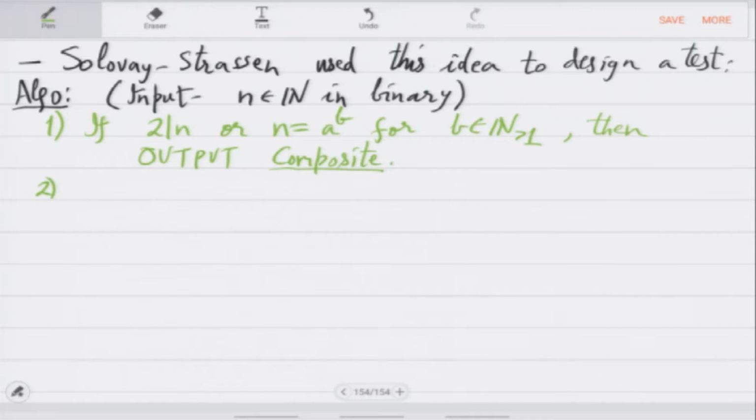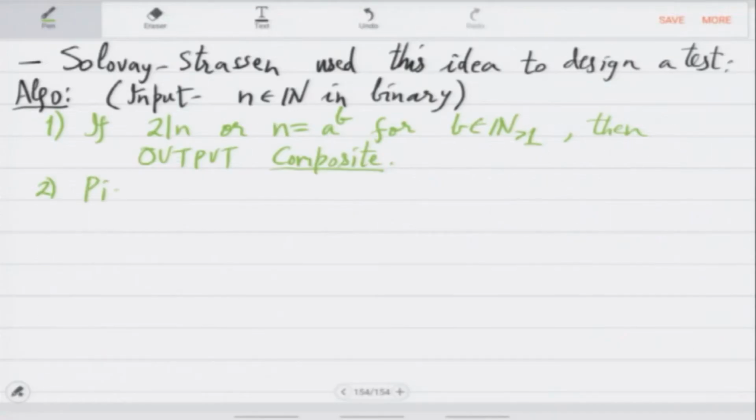Else you continue with the main idea, this computation of the Jacobi symbol. You pick a random a, which will be co-prime to n.